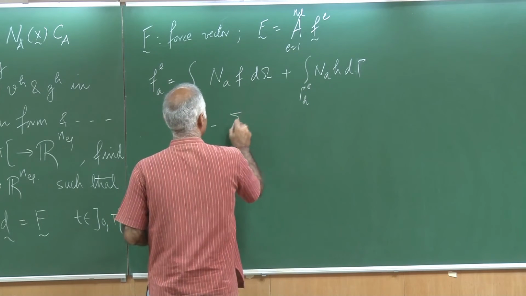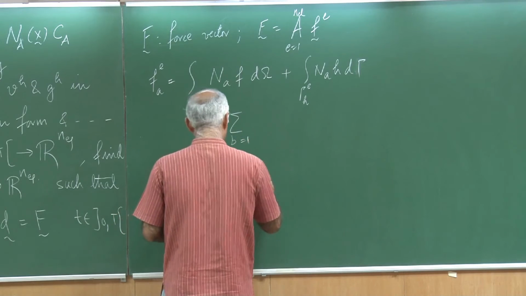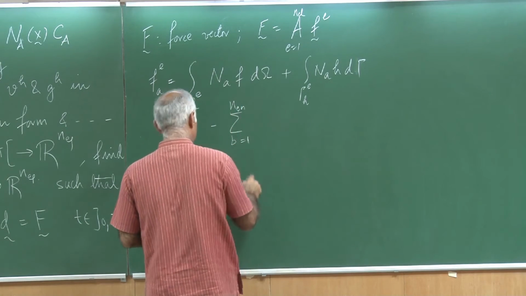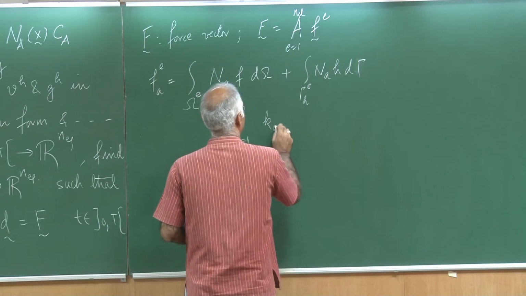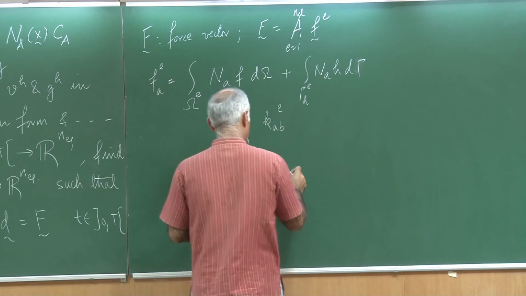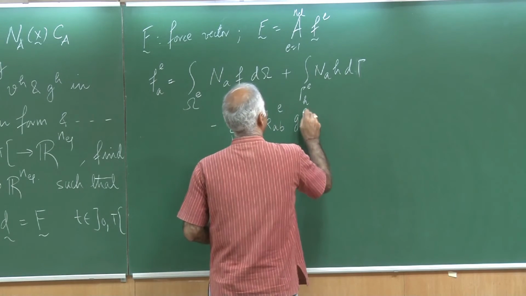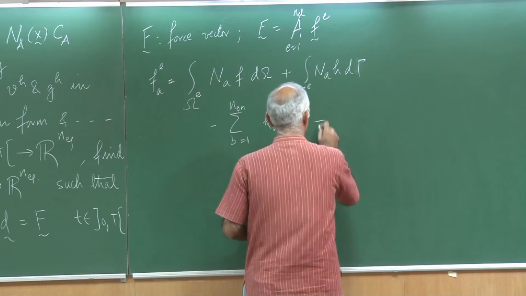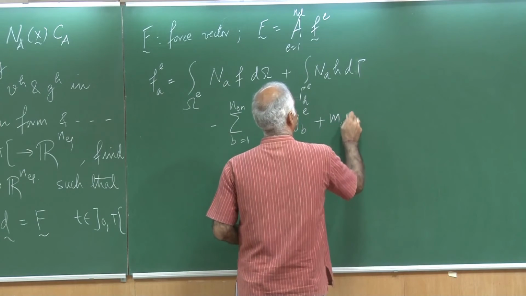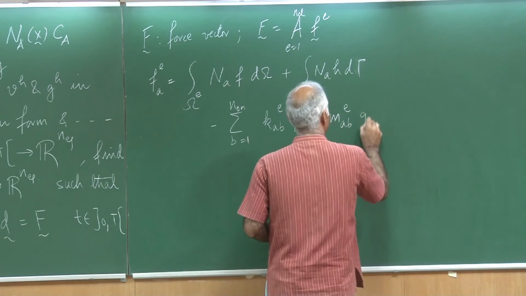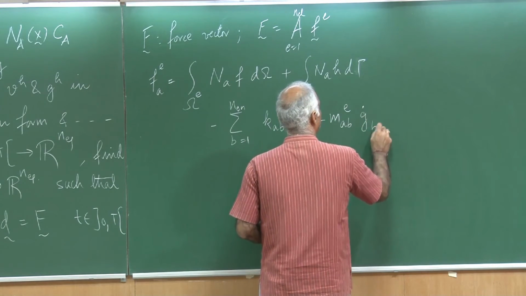So, minus sum over B goes from 1 to NEN of K^e_AB g^e_B plus M^e_AB times g dot^e_B.